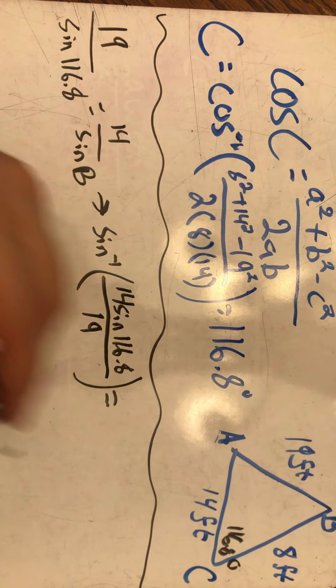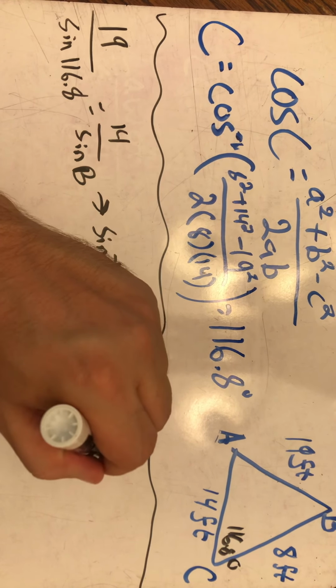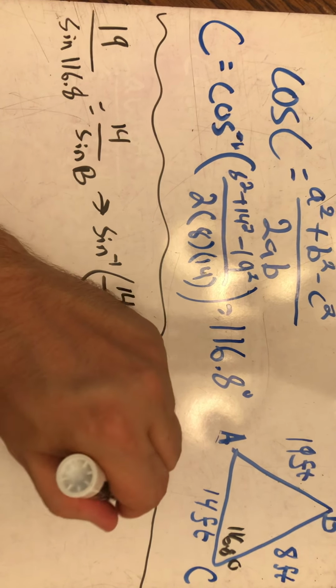Once you do that, you'll find it's 41.12 degrees, and that is our B.